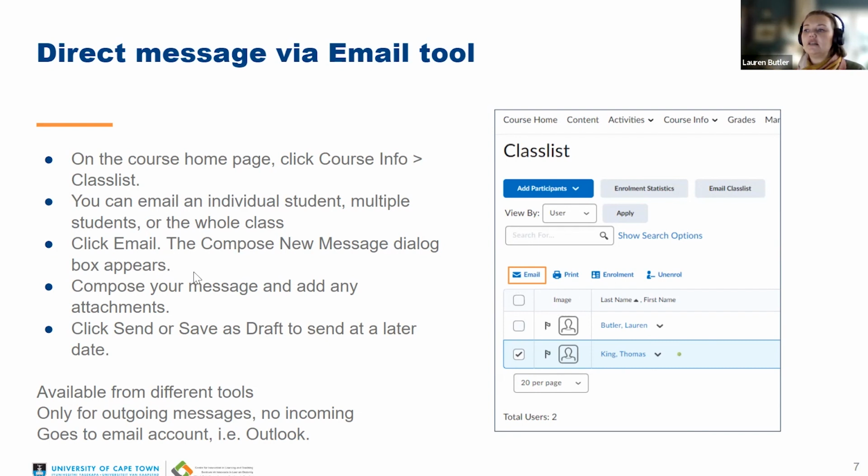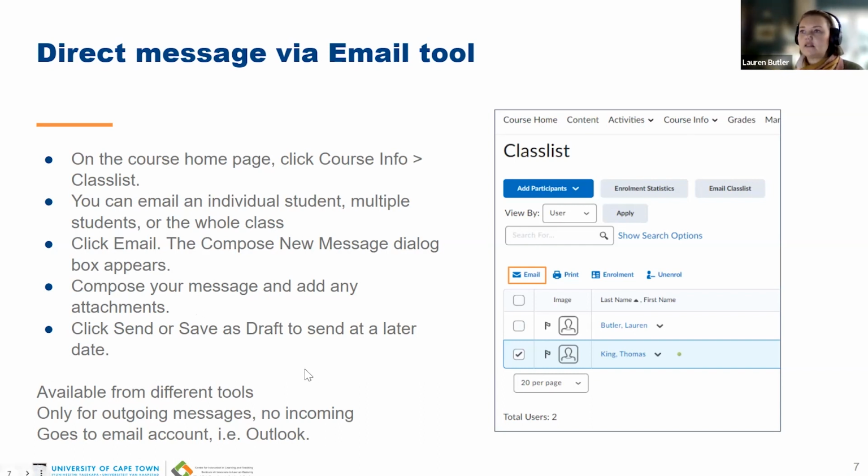This email sends all of the students as BCC, so they can't see each other, and it's only an outgoing message. They can't reply to your email, and it goes to the student's email account, for example, the student Outlook account.